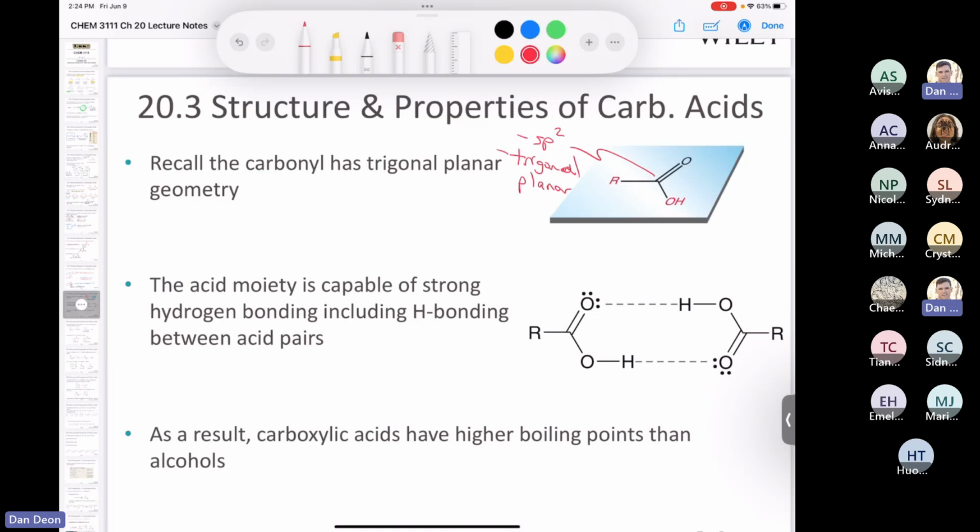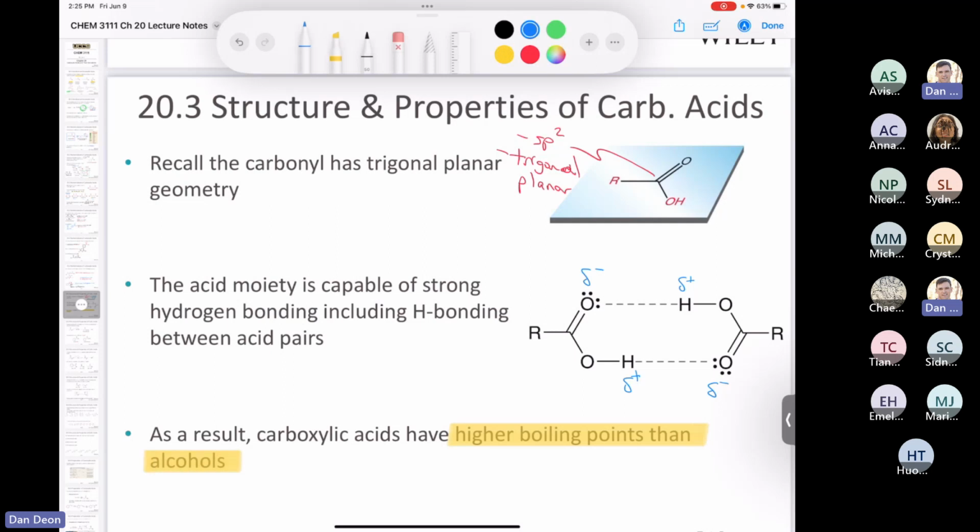And then you should also remember that you can have extensive hydrogen bonding between 2 carboxylic acids, because they can form what we call a dimer here. And so that's why carboxylic acids have very high boiling points, higher than alcohols.